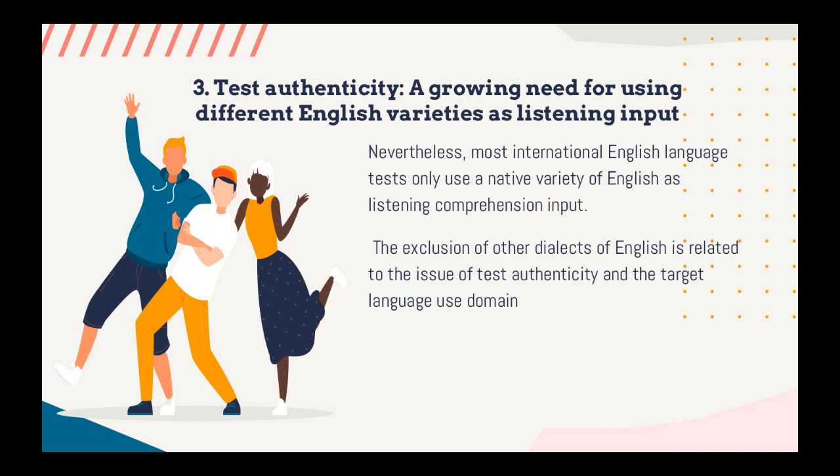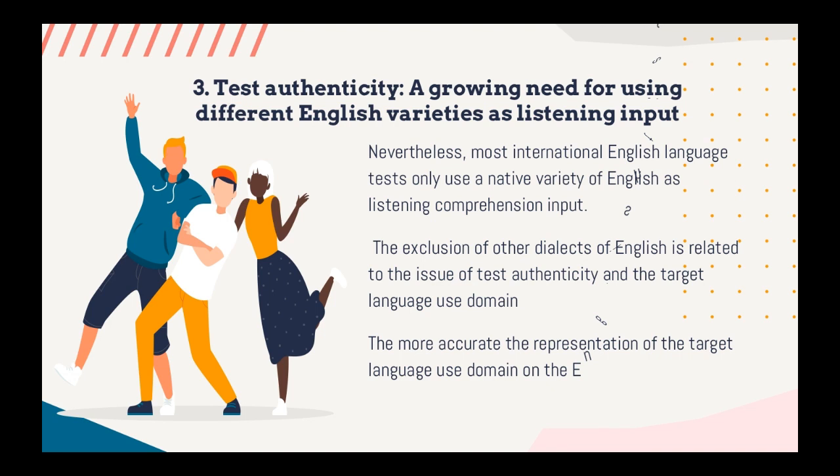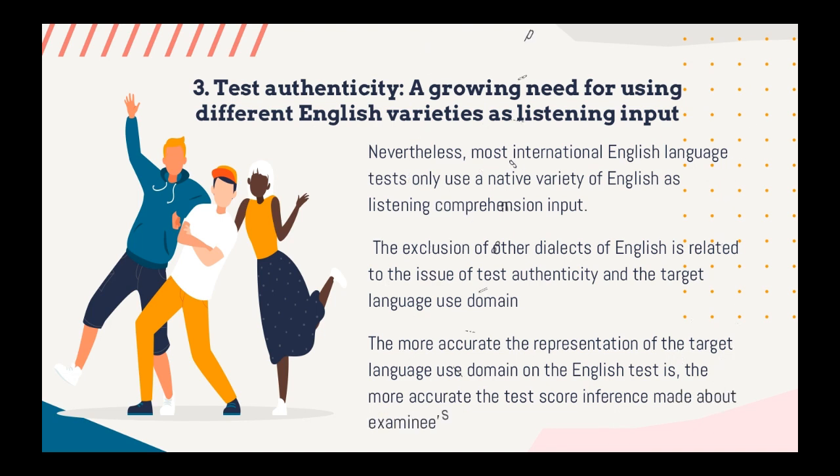This again suggests that the dialects test takers may encounter in the real world should be added in the test. However, there are increasing concerns relating to test fairness because test takers may have various degrees of familiarity with the specific English variety.